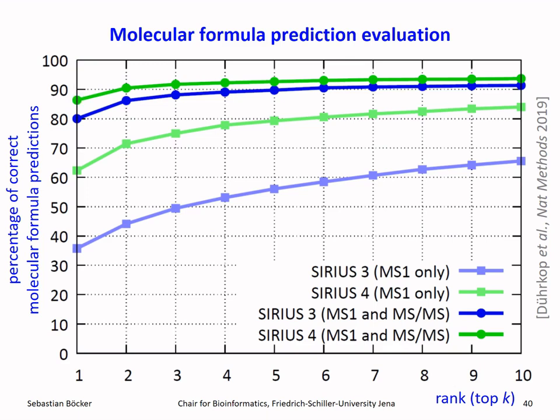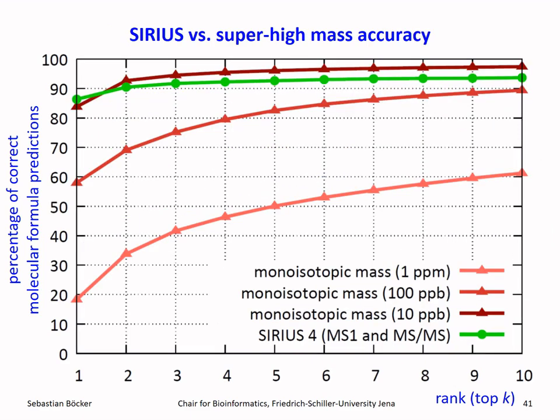And now the usual question again, what if I had really high mass accuracy data and I only use that and only use the monoisotopic peak to identify the molecular formula? How good would that work? This is now the comparison: 1 ppm data gets you less than 20% right. 100 ppb data would get you less than 60% right.